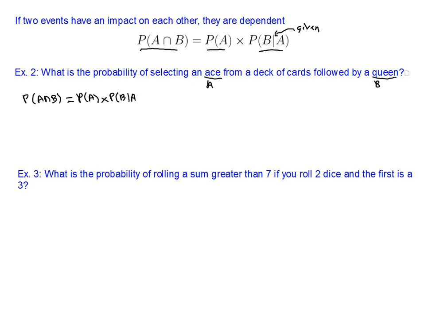So the probability of getting an ace, and maybe we'll just do that off on the side here. There are 4 aces in the deck, 52 cards, so the probability of getting an ace is 4 out of 52, or 1 out of 13.